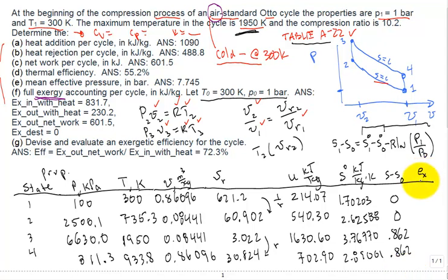What do you mean exergy? Not the flow exergy, but the exergy of the air at each of these states. All right. Well, what was my equation? I got to erase some more up here.